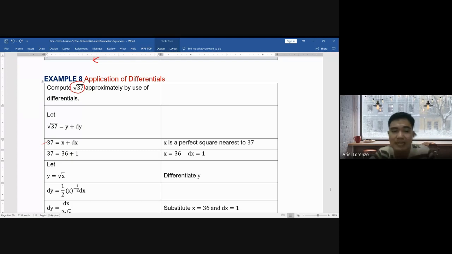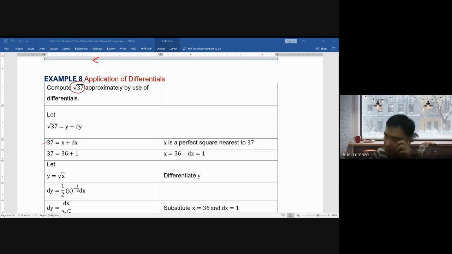Okay, si x, class, dapat is a whole number. I repeat, si x should be a whole number wherein that is yung nearest na perfect square ng given na value. Kasi ang given, di ba, square root ni 37. Ngayon, ano ang number na perfect square?